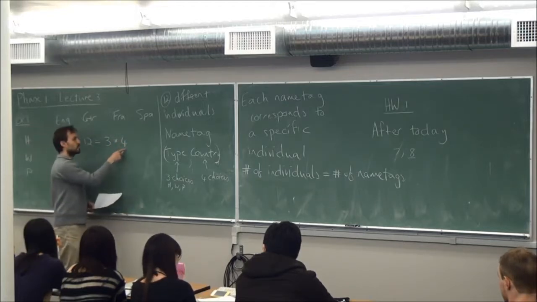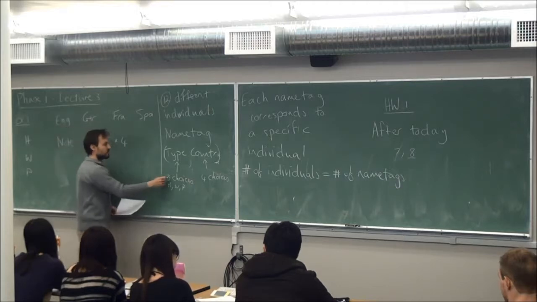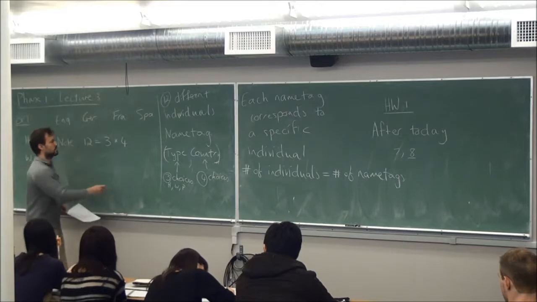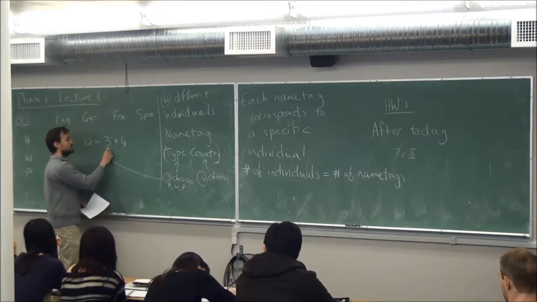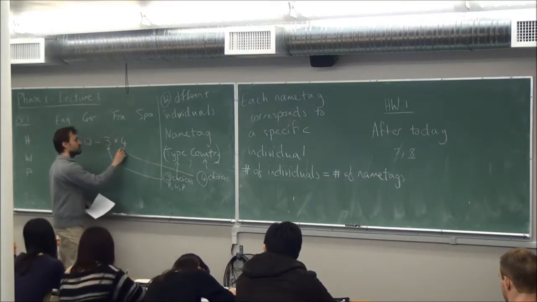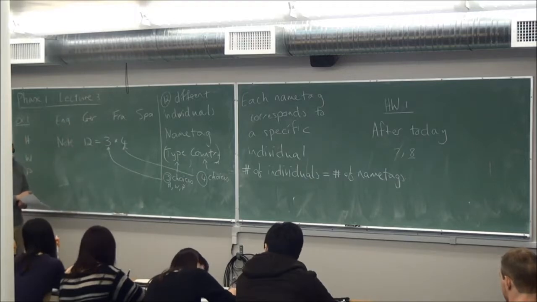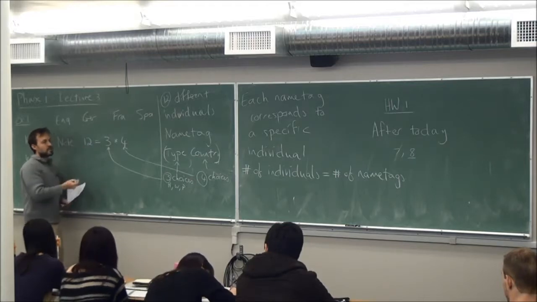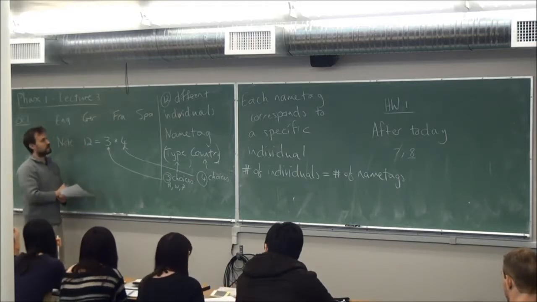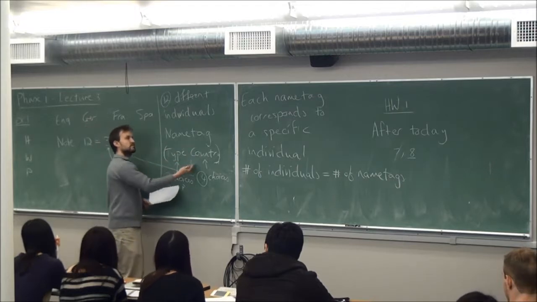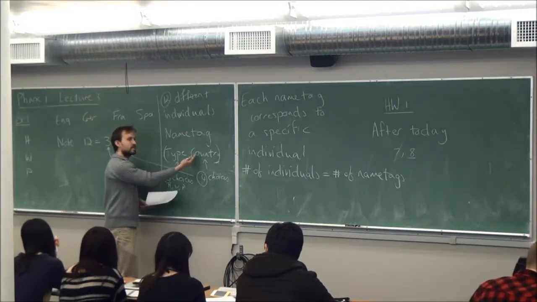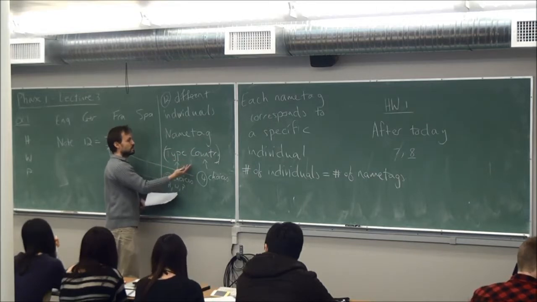And this 3 times 4 comes from this 3 and this 4. So this leads me to say that the number of individuals is the same as the number of ways I can make their name tag, their label. How many ways can I make this label?